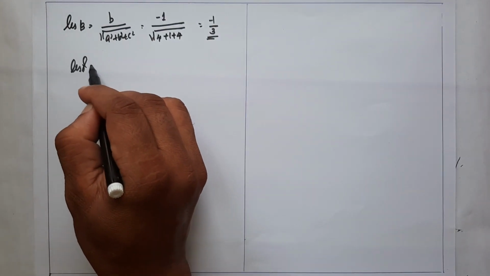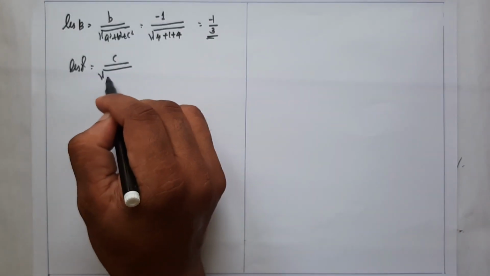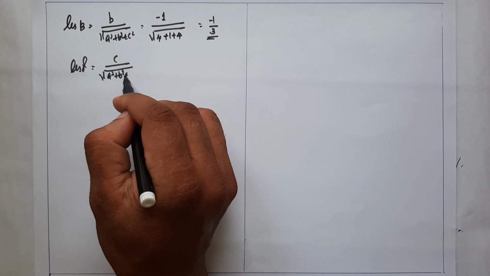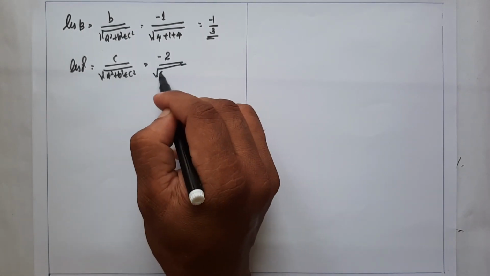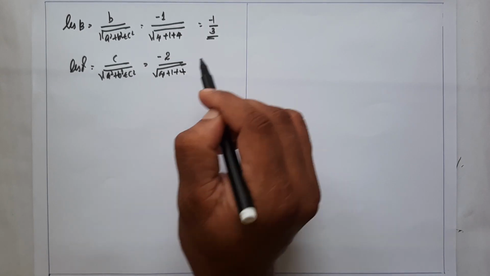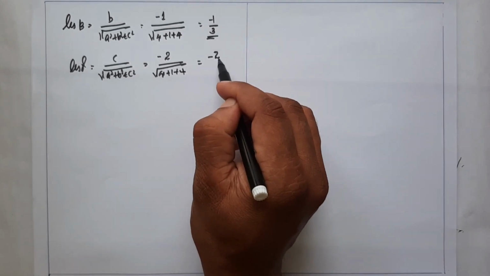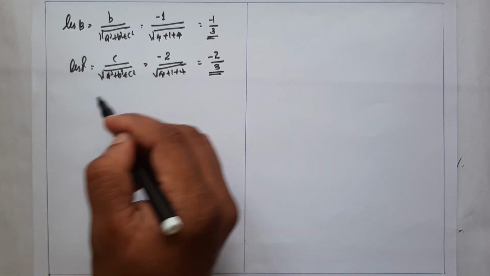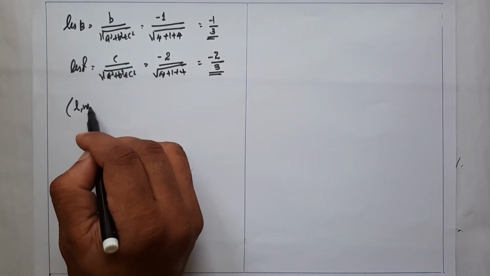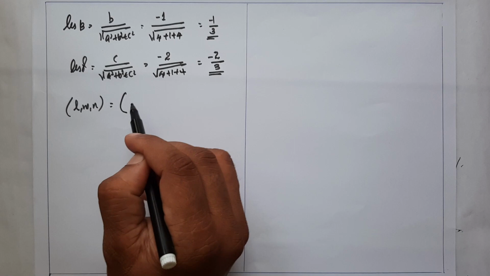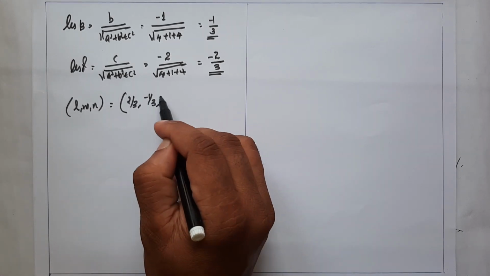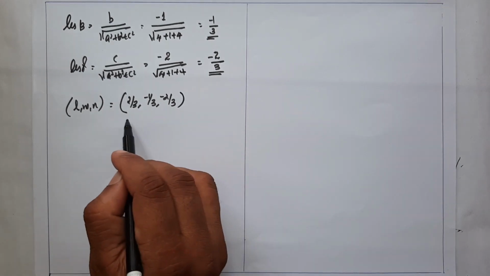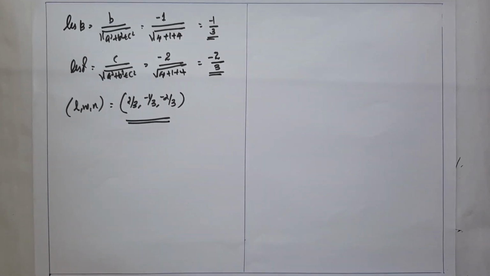And last, cos gamma is c by root of a square plus b square plus c square, which is minus 2 divided by square root of 4 plus 1 plus 4, so we get minus 2 divided by 3. Therefore direction cosines L, M, N are 2 by 3, minus 1 by 3 and minus 2 by 3.